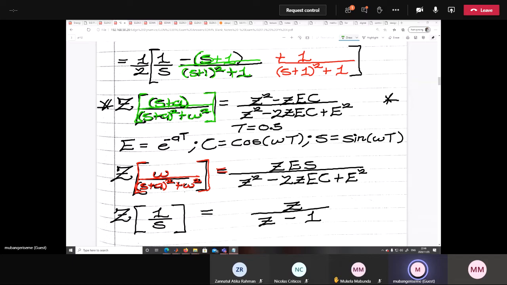I do not think there was a mistake here. It's just the nature of the cookie. Minus z squared minus 2 e cos. Yep.